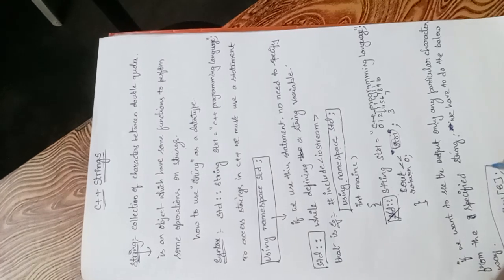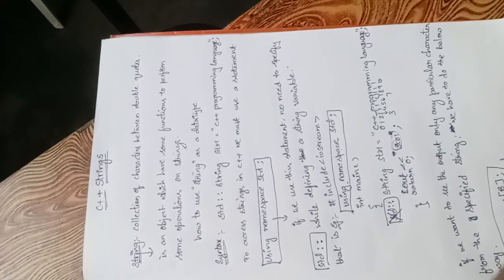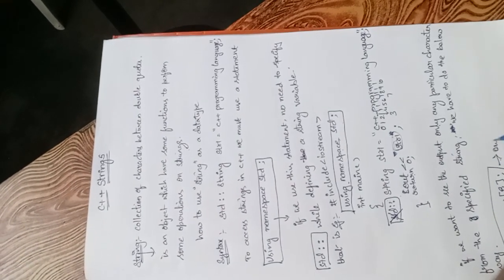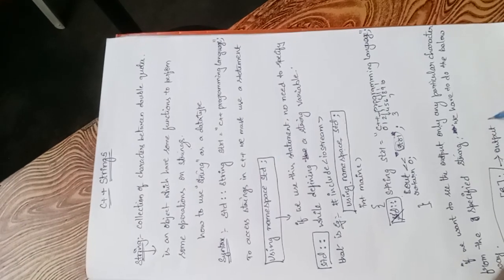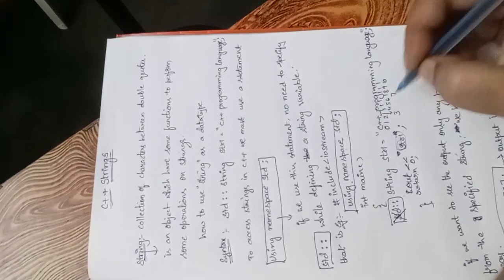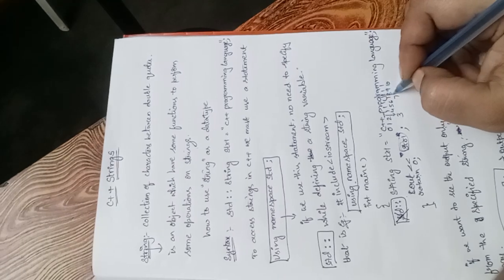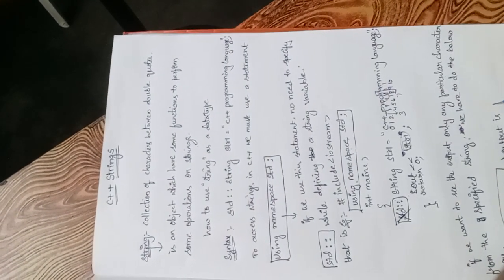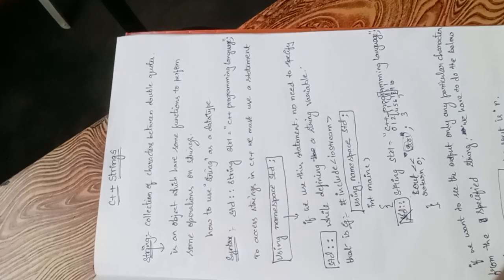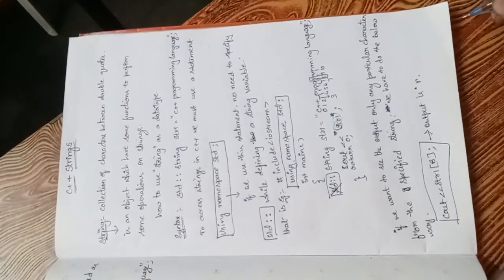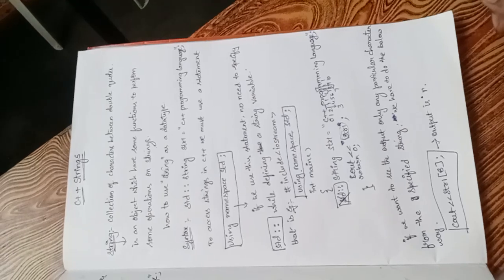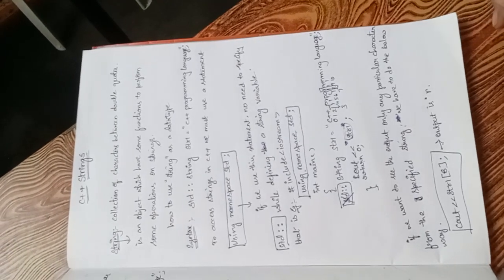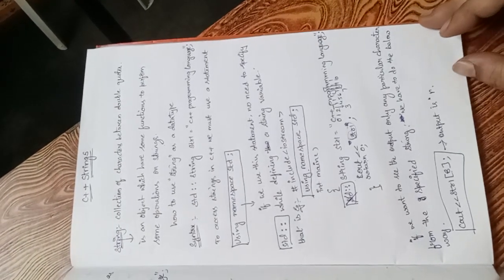Now based on this, what will be the output? The index given is 8. So what is there at 8? R. So the output is R. Like this we can access a single letter from the total string.